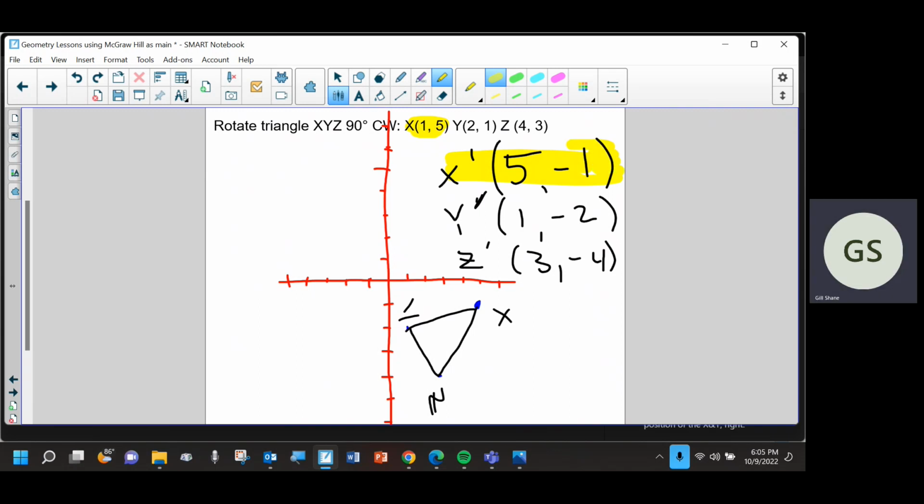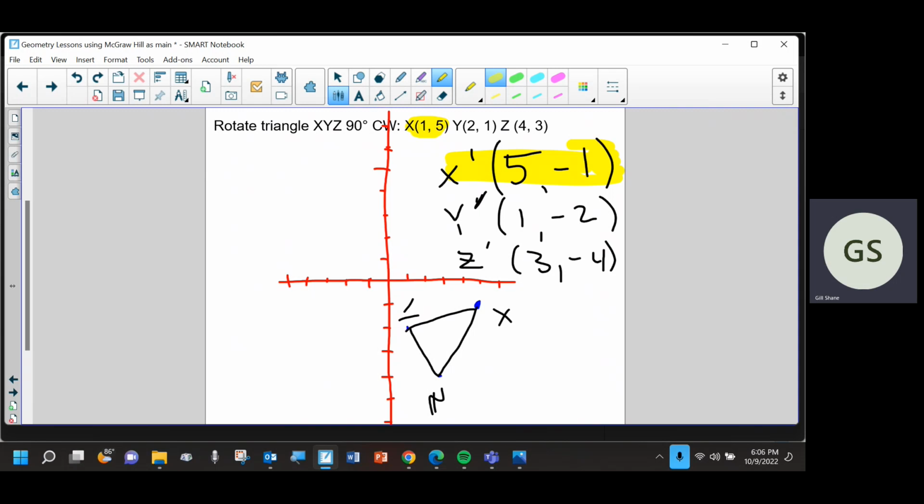So now the first number is the 5 and the second number is a 1. But in the original point, the 1 was positive. In this new point, it is negative. So the sign of the first number that is now the second number also flips. You can't think of it as making it negative. You have to think of it as flipping because it depends on where it starts.